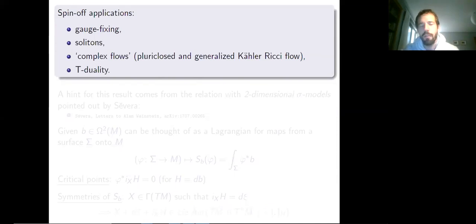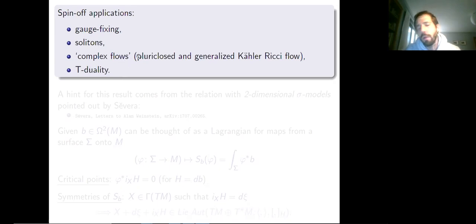Well, it's going to specify a route to follow, because once we know the natural symmetries of the equations, then we can do several things. One is to have a natural notion of gauge fixing to keep track of symmetries. This will also naturally lead us to a notion of solitons, and this is of key importance because solitons are going to be like limits when t goes to infinity of infinite solutions of the flow.